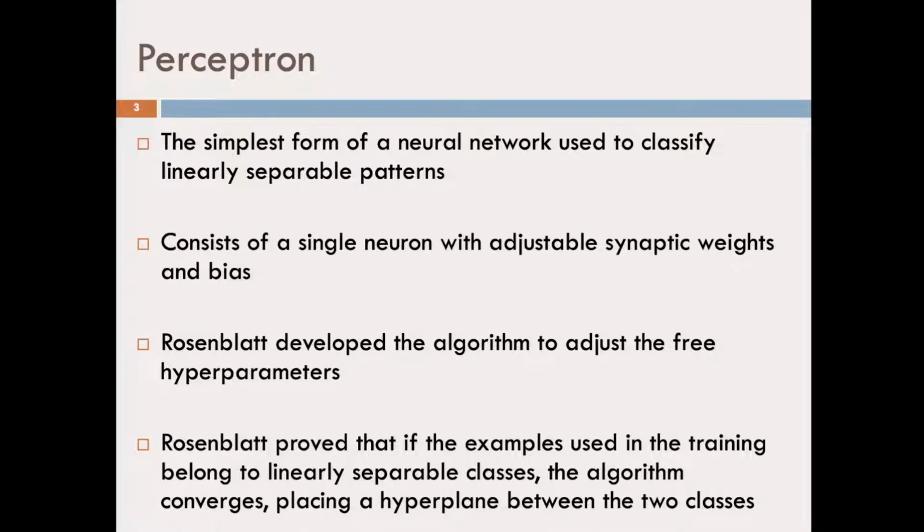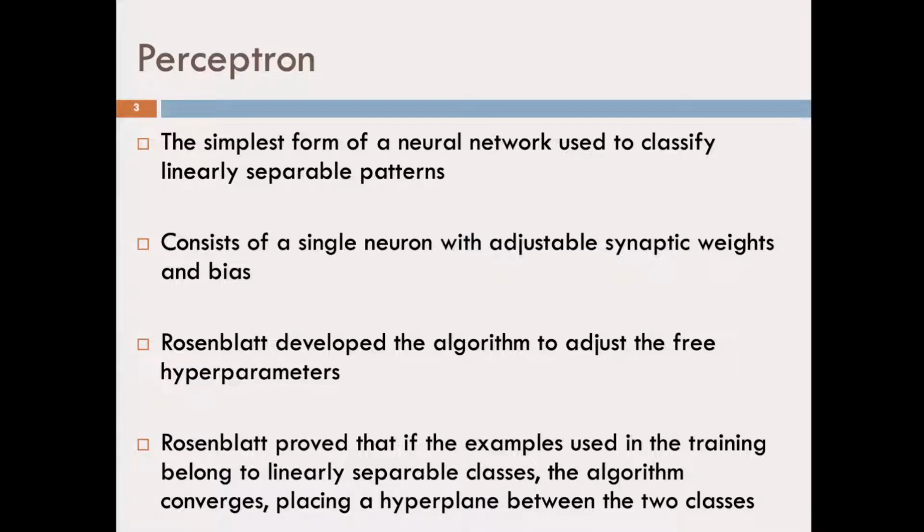The algorithm this guy developed was used to adjust what we call free hyperparameters of the model, so the weights of the model. Up to now, when we worked, for example, with multiple linear regression, we were trying to adjust the beta values. Remember, those betas are the hyperparameters of the model.